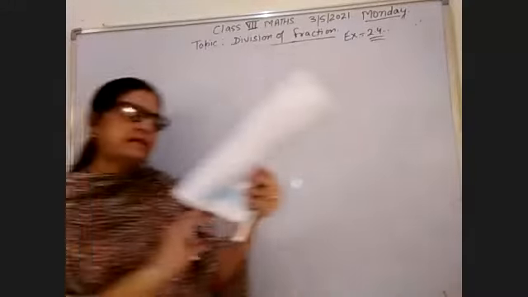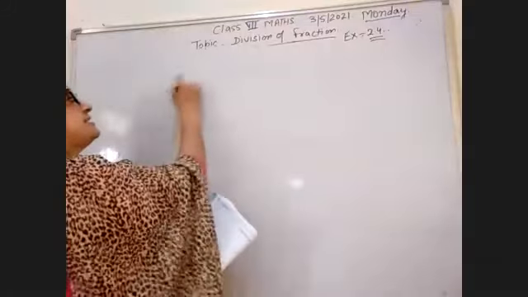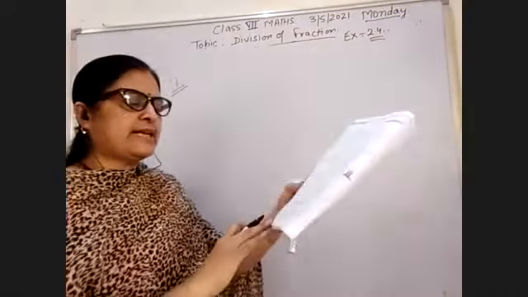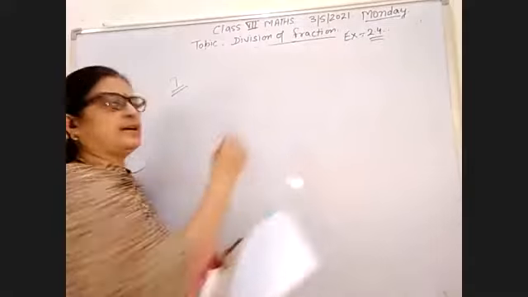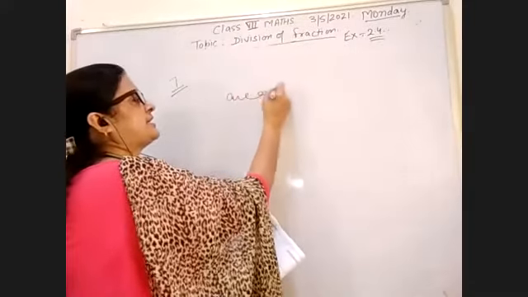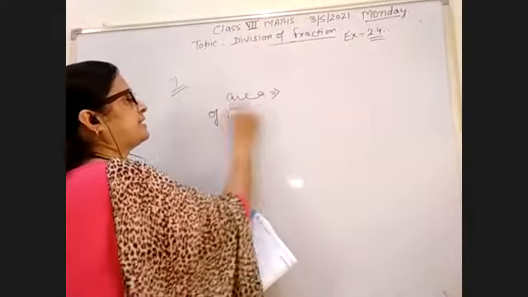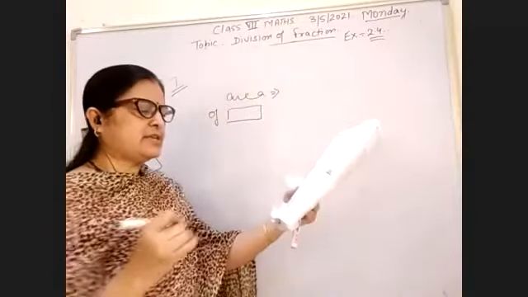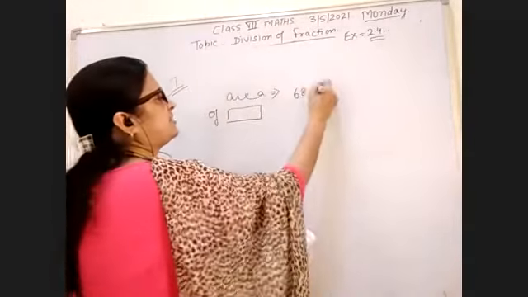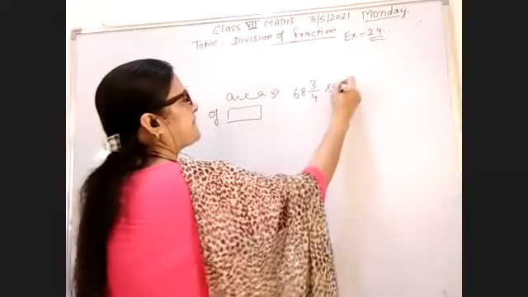Now your last question, the seventh question: the length of a rectangular plot, and its area. You are given the area of the rectangular plot. It is given 68:3/4 square meter.